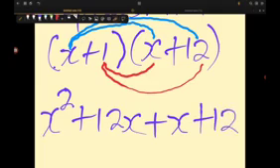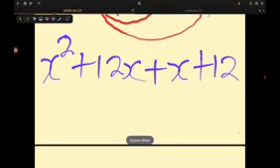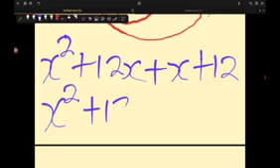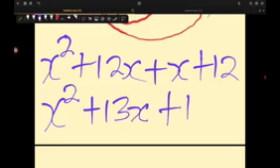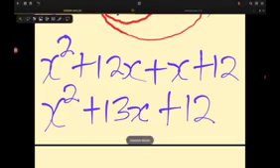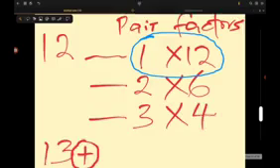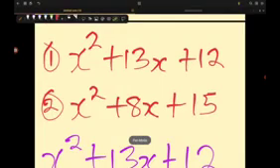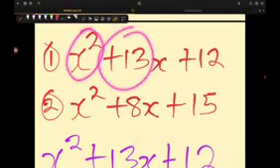So let's solve finally. Here, x squared plus 12x plus 1x will give us plus 13x plus 12. So if you check very well, the expression that we factorized is actually what? x squared plus 13x plus 12.